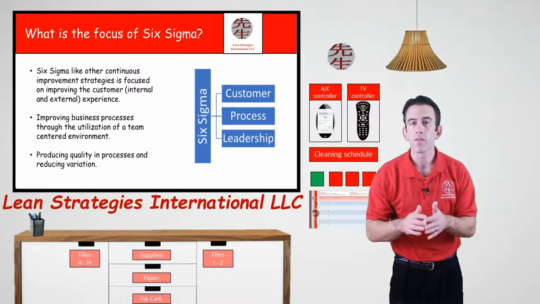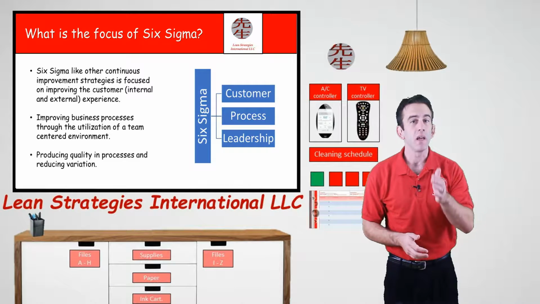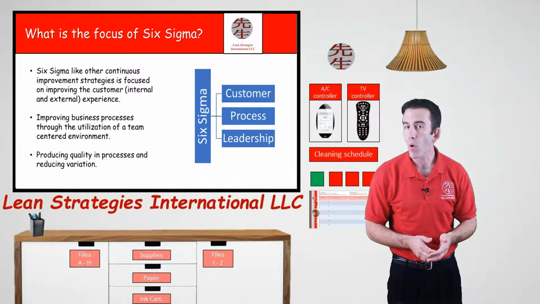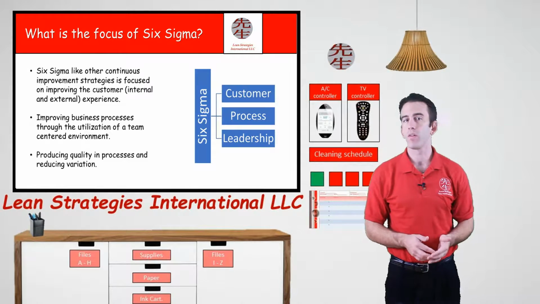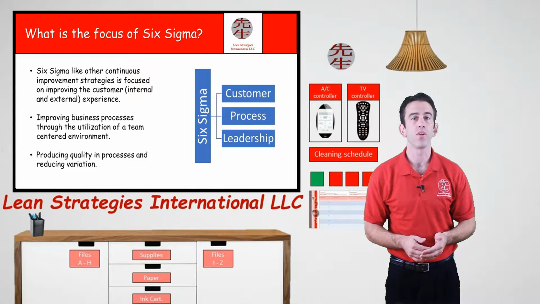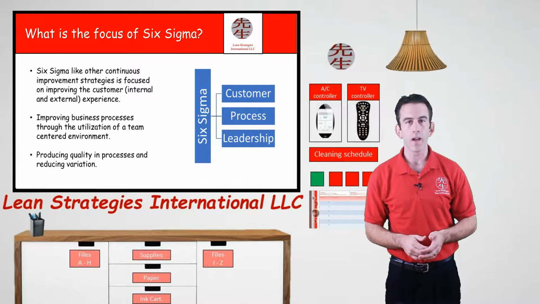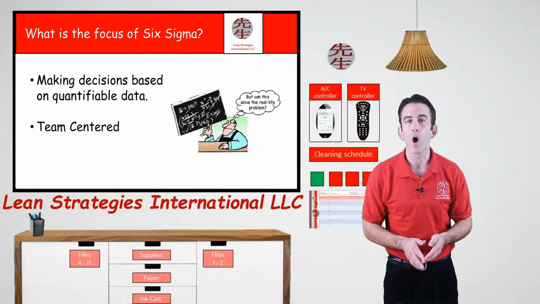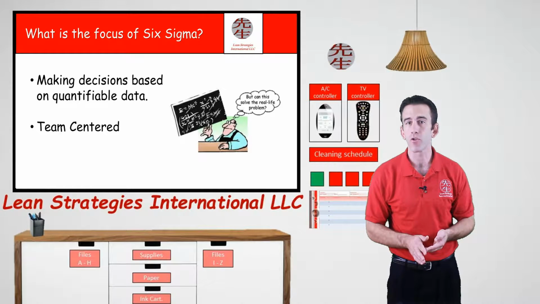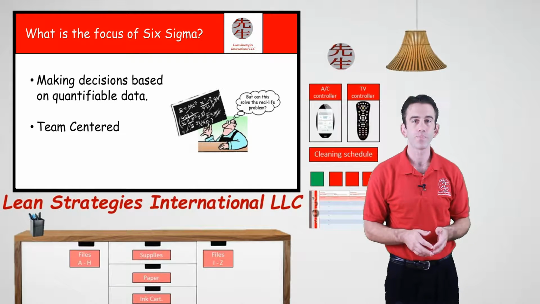Through measurement and focused analysis, processes can be improved and then controlled to sustain the results of various initiatives. One of the key focuses of Six Sigma is on producing quality in processes and reducing variation. Now, there is a very heavy focus on quantifying results and measurements, and that focus works very well.